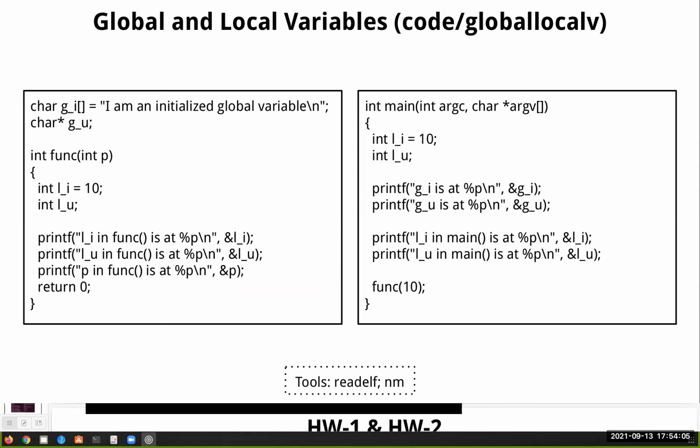So let's run this program, the 64-bit version and the 32-bit version. Let's see the address of those variables.